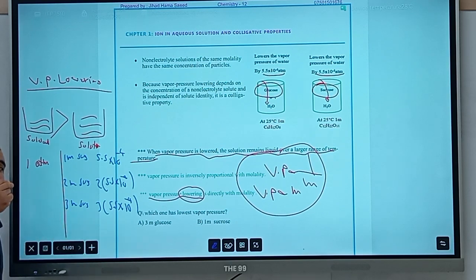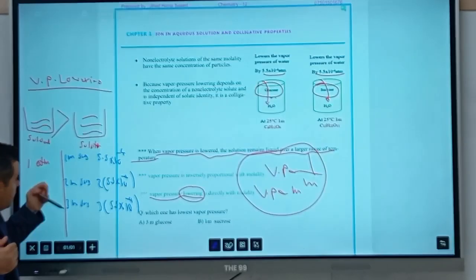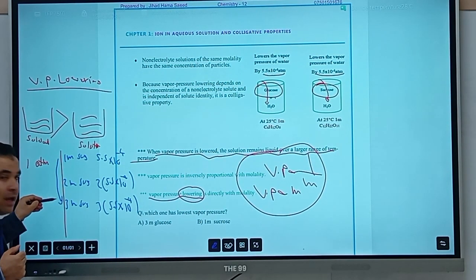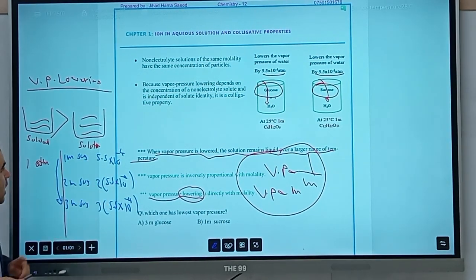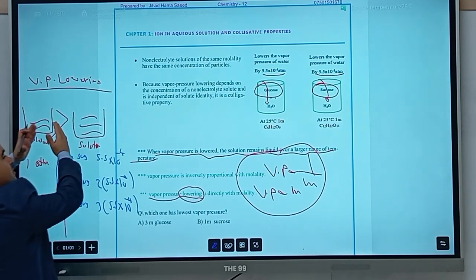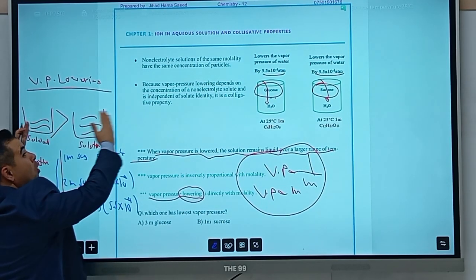As you can see, guys, the degree of lowering increases as we increase the molarity. The vapor pressure is lowered much more, and the difference between the vapor pressure of the solvent and the solution becomes higher.